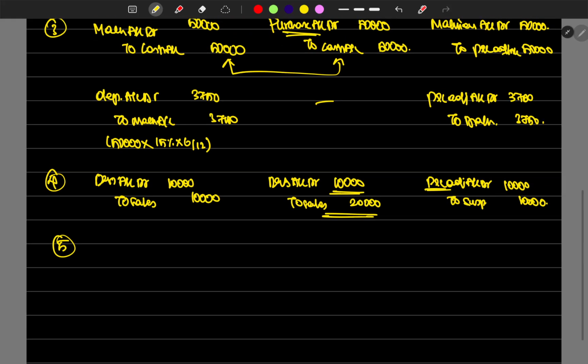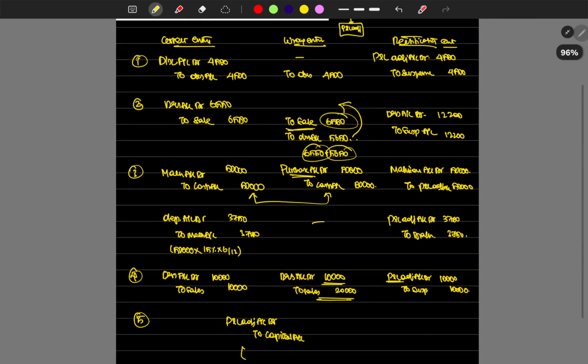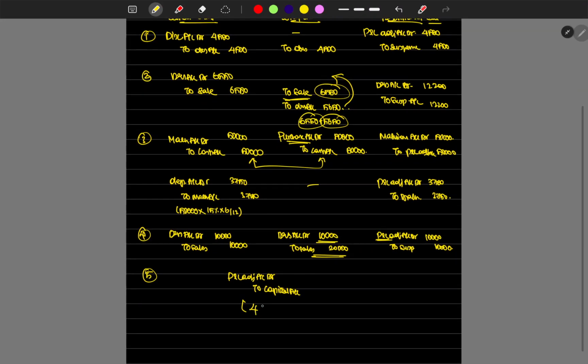account. So how much is the P&L? The entry is P&L adjustment account debit to capital account, if it is profit. If it is loss, we have to reverse it. Capital should come on top on the debit side, and the P&L should come on the credit side. So how much? First thing, 4,500 is the negative balance. 4,500 minus, plus 50,000, plus 10,000.